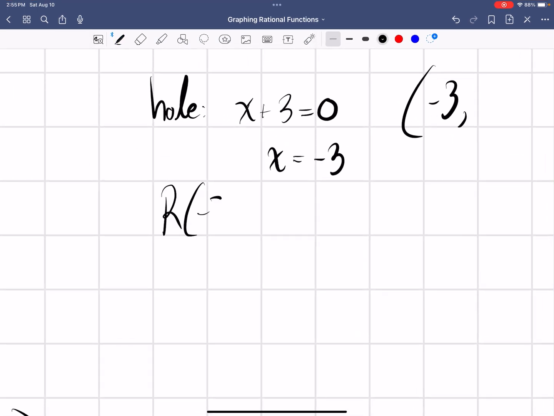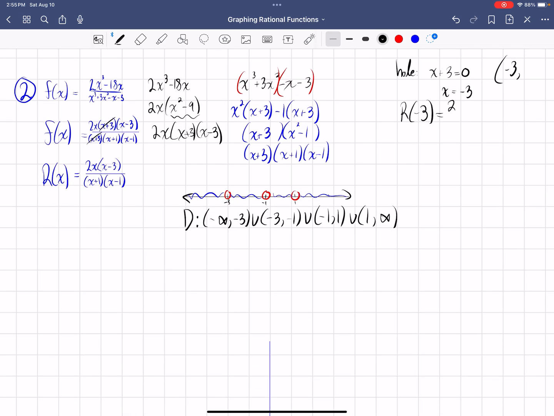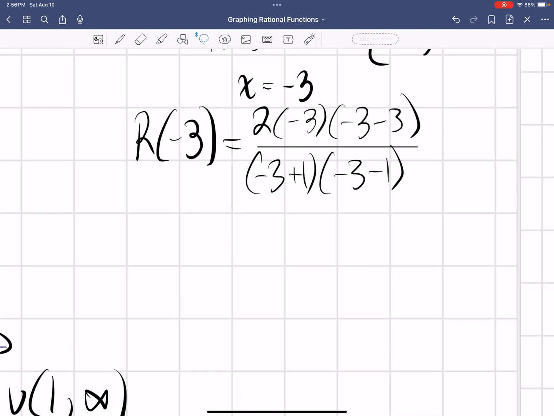r of -3 equals, and so it's 2 times -3 times -3 minus 3 over -3 plus 1 times -3 minus 1. Okay, let's do a bit of math.